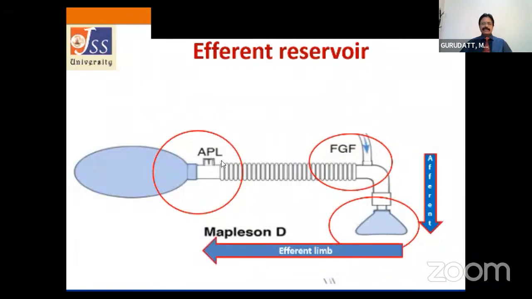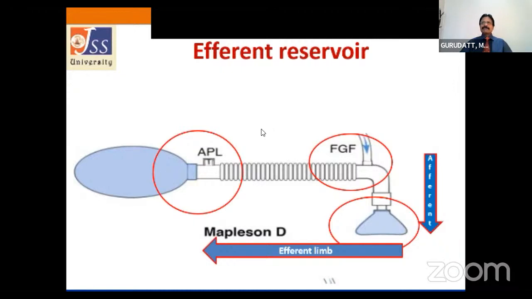We know that in Mapleson D, the APL valve is not very close to the patient like in Mapleson A. It has been shifted away from the patient and very close to the bag, and the fresh gas flow has been brought very close to the patient. So the efferent limb, from the patient to the expiratory valve, is very long, and it also acts as a reservoir, and we have connected the bag to the efferent limb. That's why it is an efferent reservoir system.